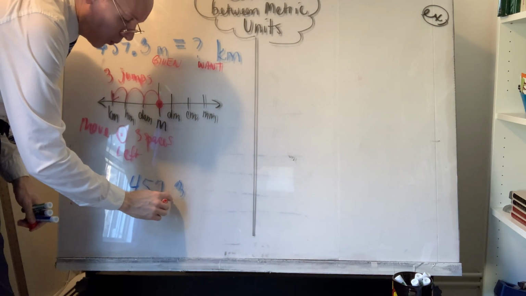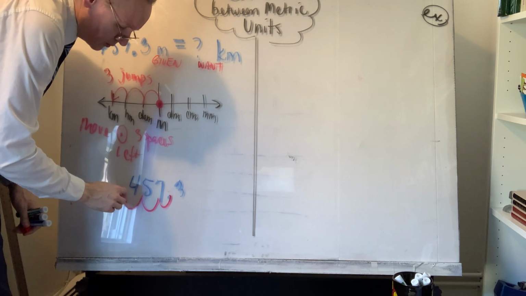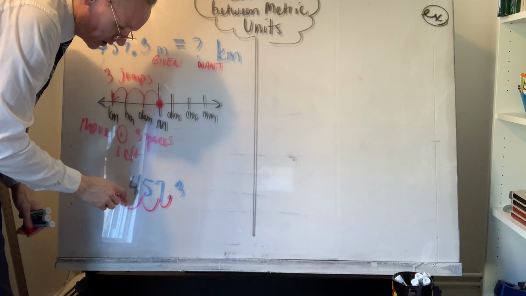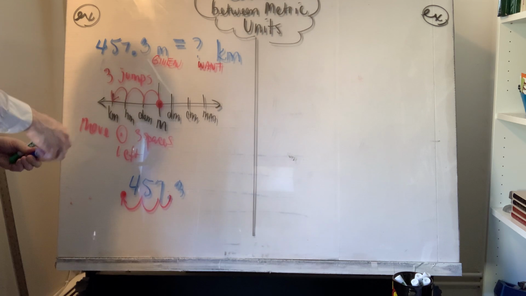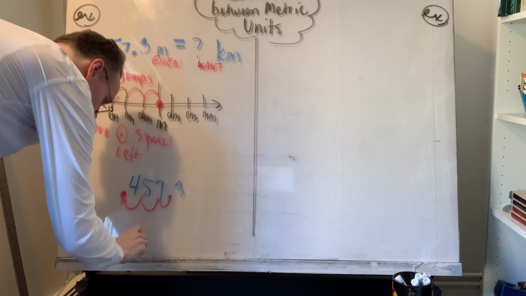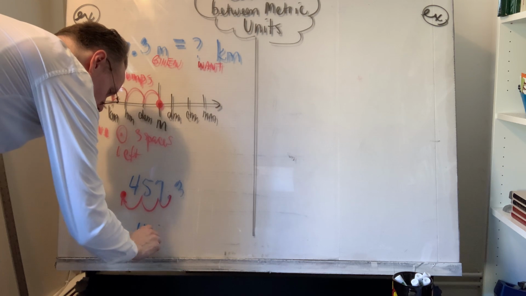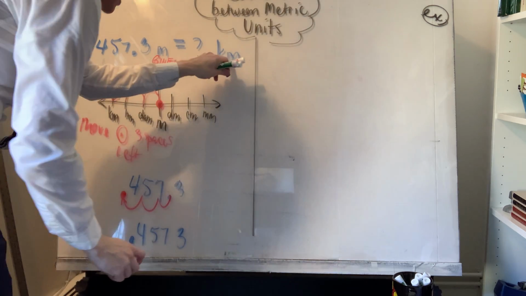Make waves, 1, 2, 3. And just to distinguish the decimal point from where it was to where it is now, I'm going to exaggerate this. The end result would be this: 0.4573 kilometers.